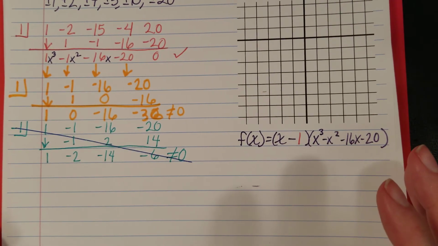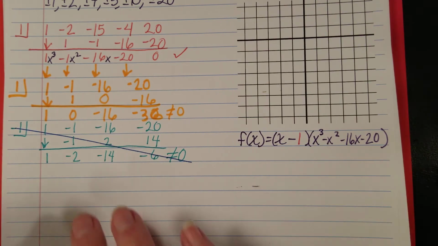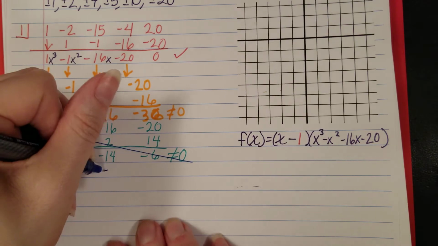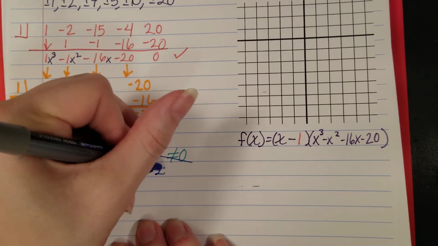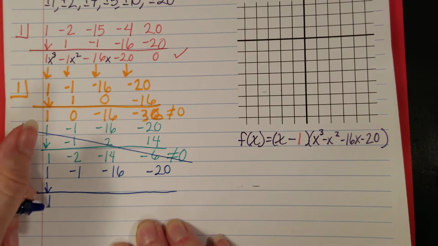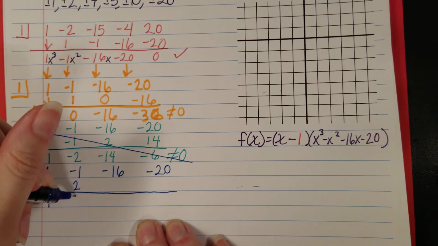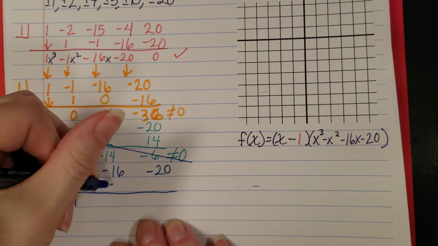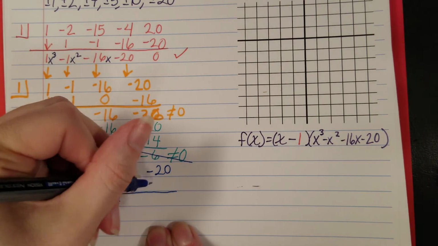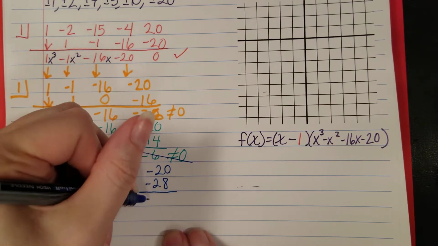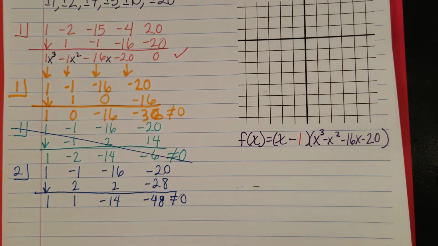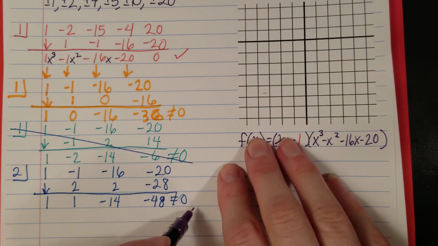So let's move on to +2 in the box. 1, -1, -16, -20. 1, 2, 1, 2, -14, -28, -48, which is not equal to 0. So +2 is not a 0.